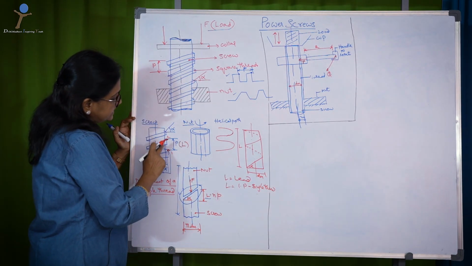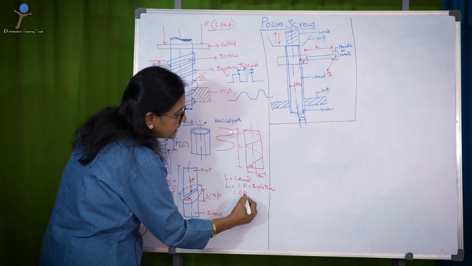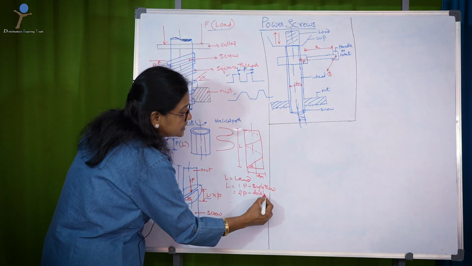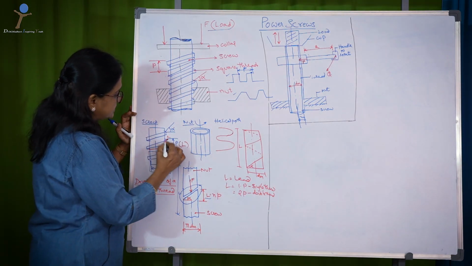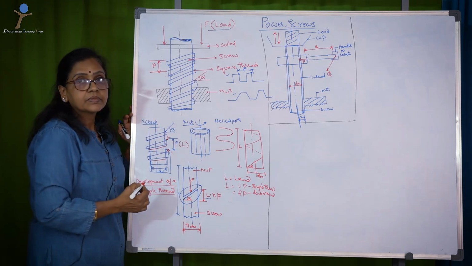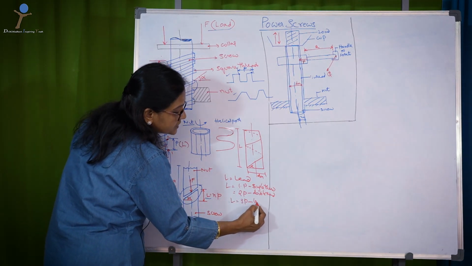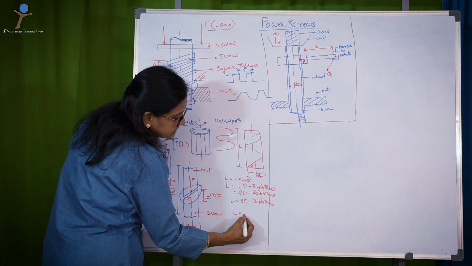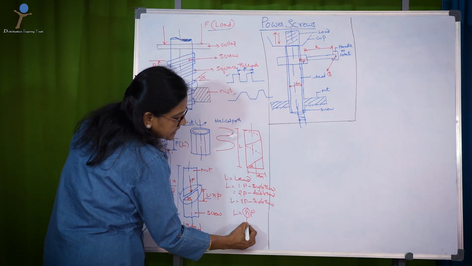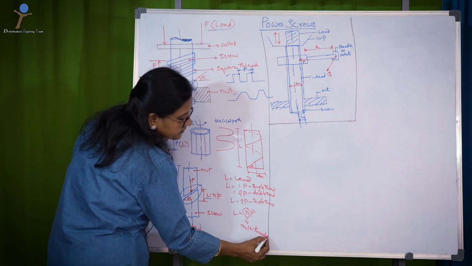This is how you represent a single thread. Sometimes it can be 2 times P, that is double thread. Double thread means it has threads here and here. And sometimes it can be 3 times P, it is triple thread. So these are called, I represent as N into P, multi-threaded screws.